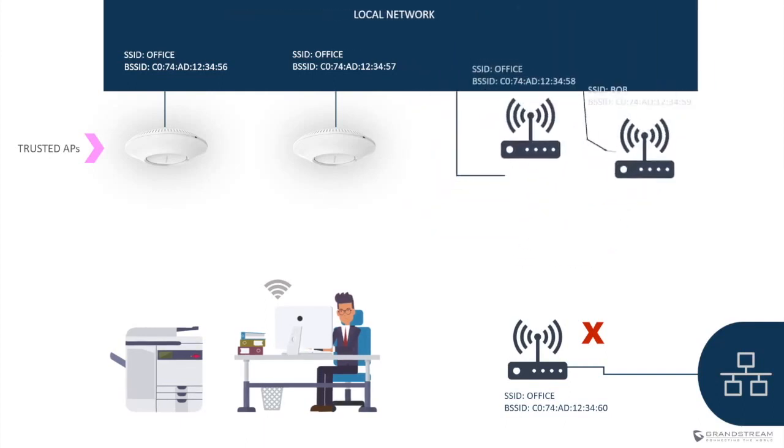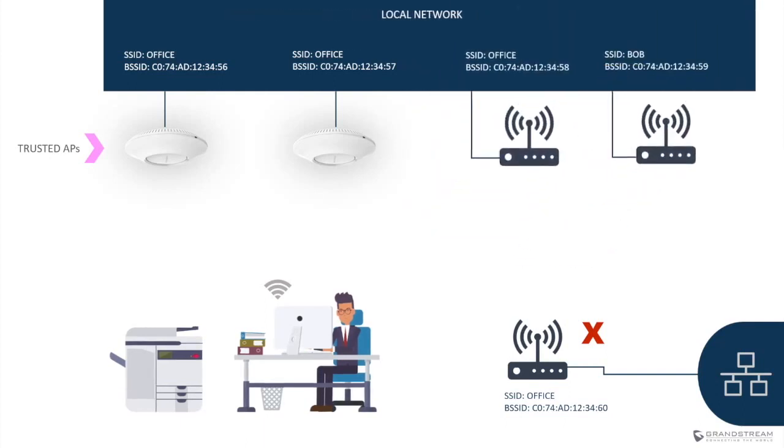If by mistake an access point is flagged as a rogue AP, you simply add it to the list of trusted APs so that users can associate with these access points. And if there is an AP that is confirmed to be a rogue AP, you simply add it to the untrusted AP list.